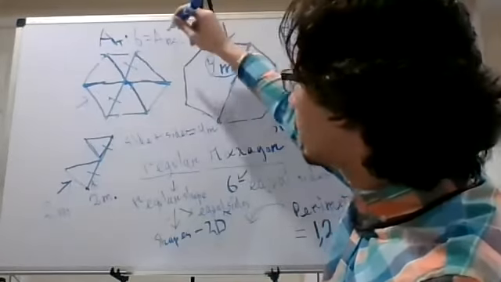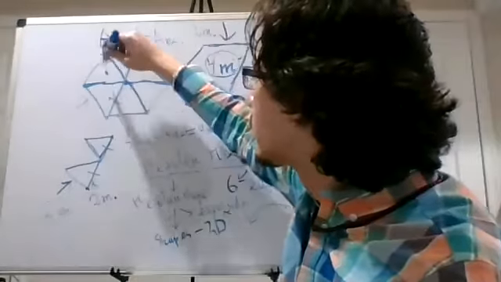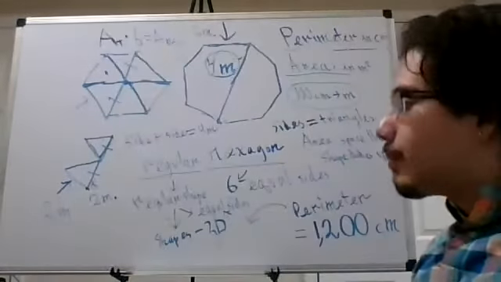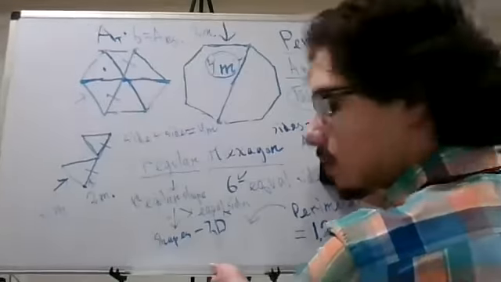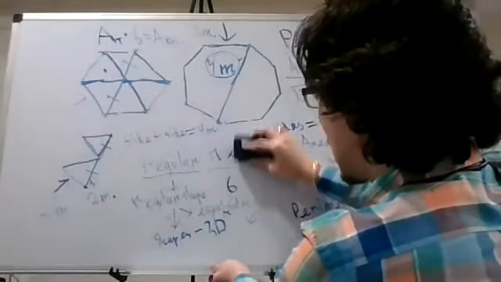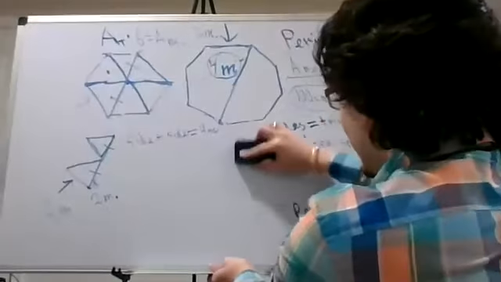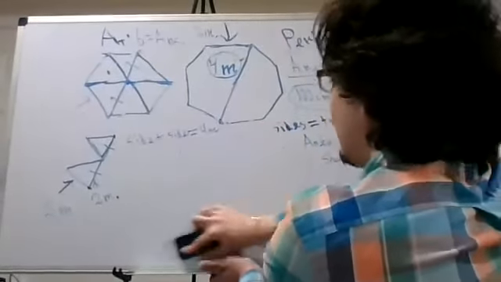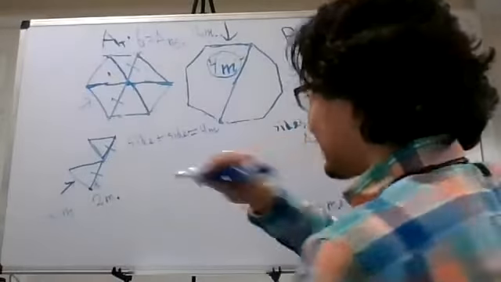So this is our answer. Now we just need to find the area of one triangle. I do not believe I have shown you how to do this yet. I'm going to erase this. So here's the really important equation in geometry.